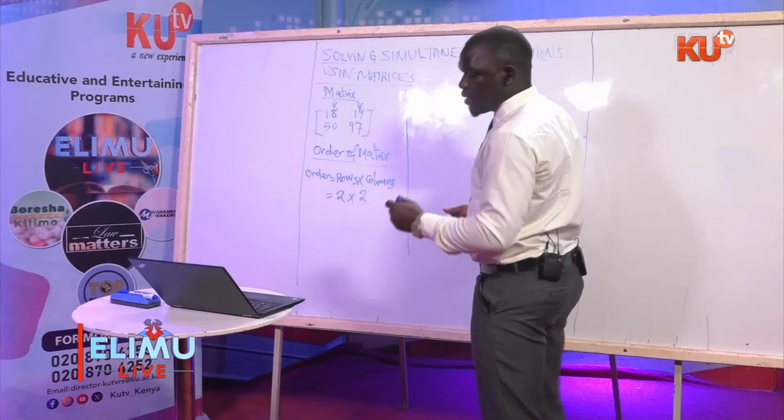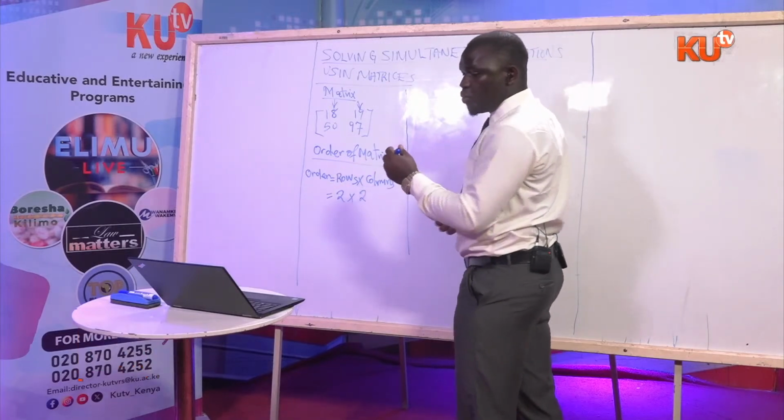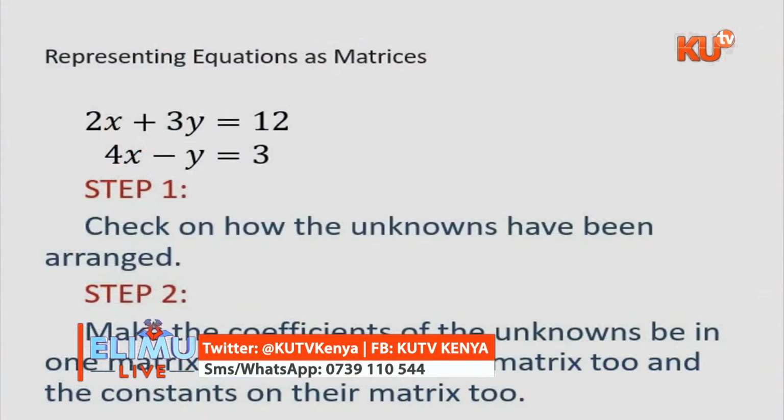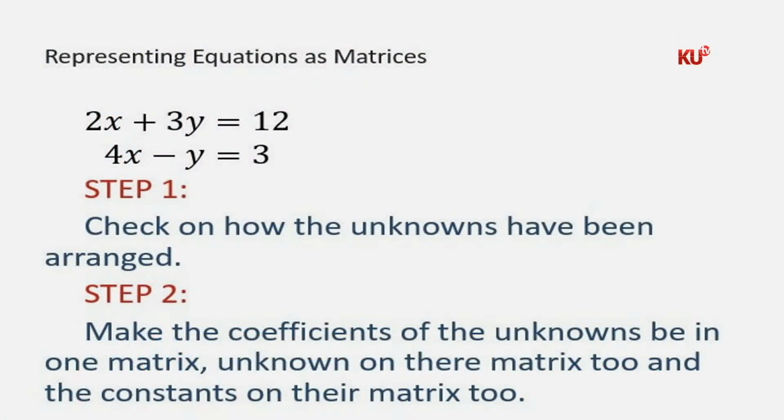I'm having the equation 2x plus 3y equals 12. Another equation I'm having is 4x minus y equals 3.